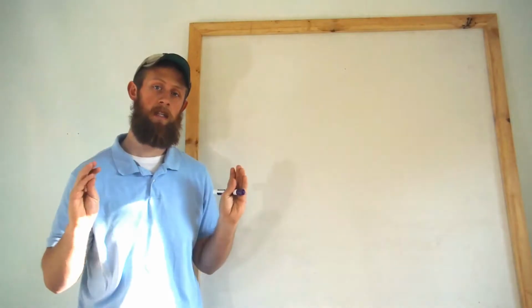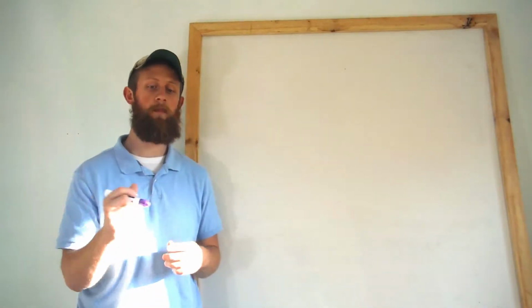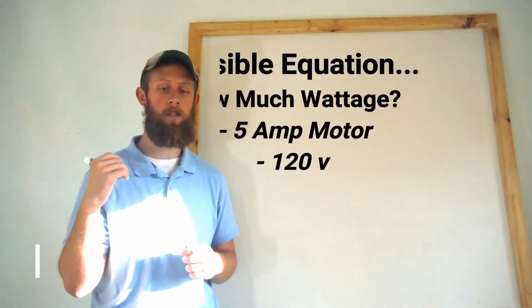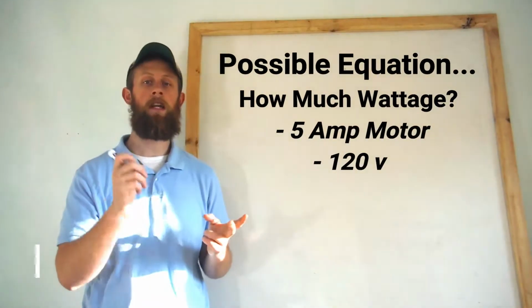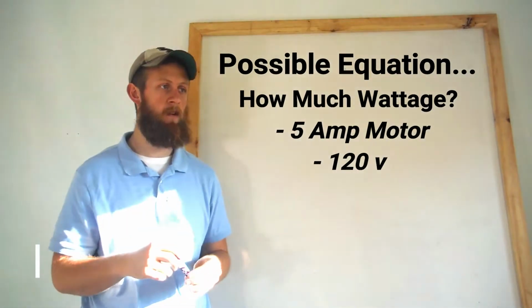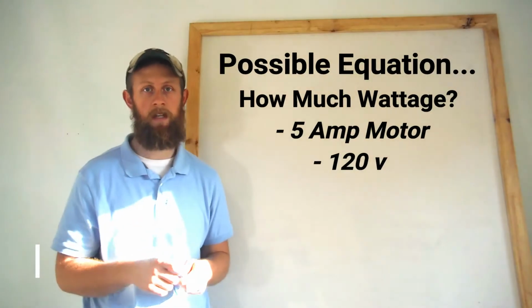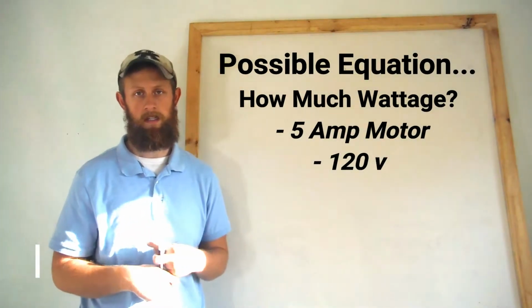But here is a simple equation example. The question could be, how many watts would be consumed by a 5 amp motor that's running on 120 volts? Think of it maybe as a blender or something in your kitchen. So it's a 5 amp motor and you've plugged it into a 120 volt socket.